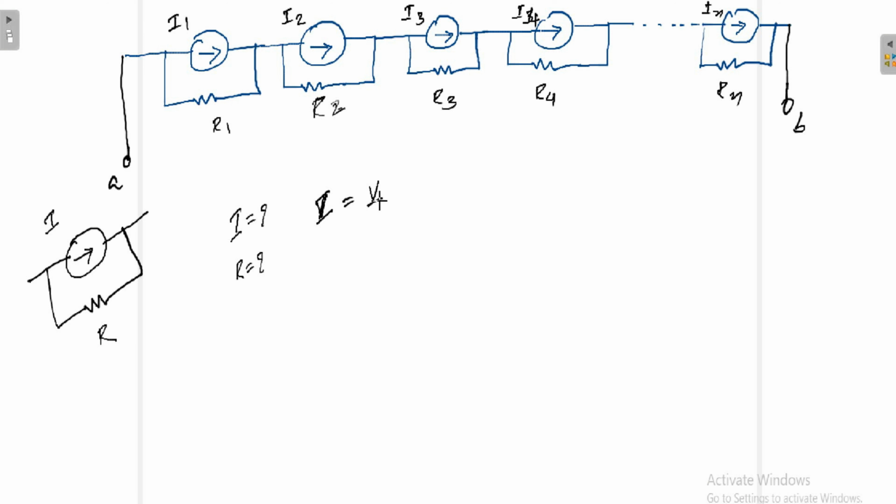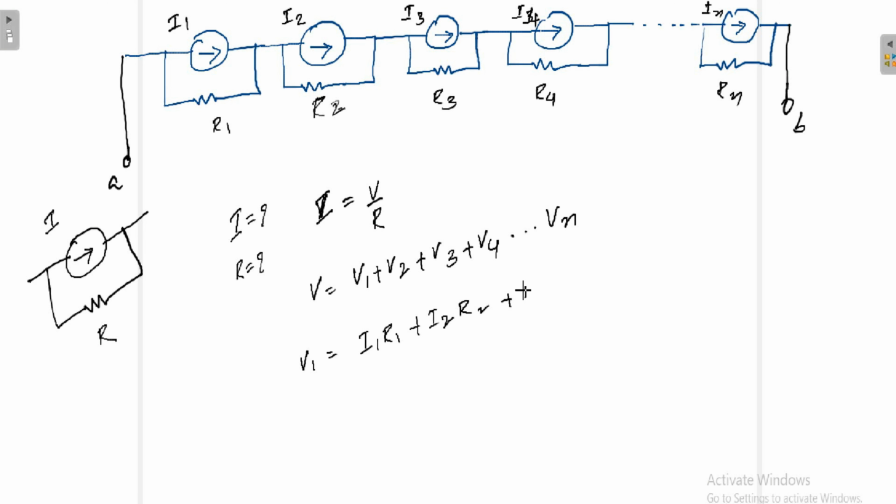In series you will get different voltages. But what is V? V is equal to V1 plus V2 plus V3 plus V4 through Vn. And each voltage is a current times its resistance: I1 into R1, I2 into R2, I3 into R3, through In into Rn.